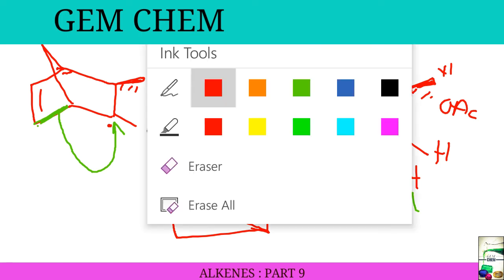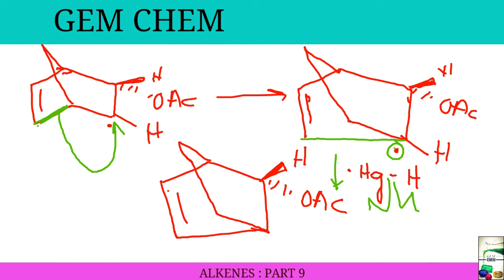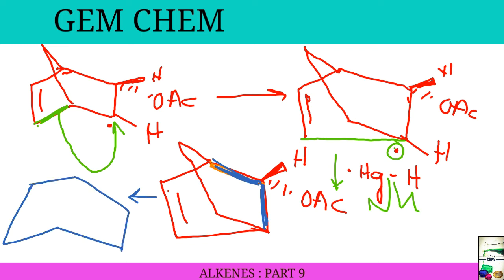Now if we consider this part as the bridge, then on just rotating the plane we can write the structure this way, and this is the bridge containing H and OAc, and the double bond present on this side.